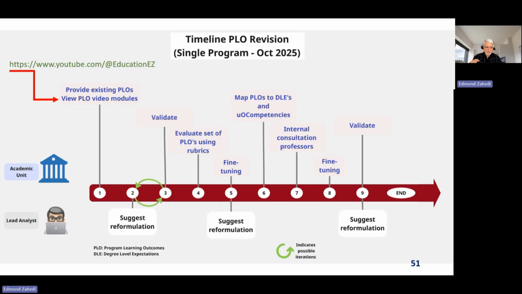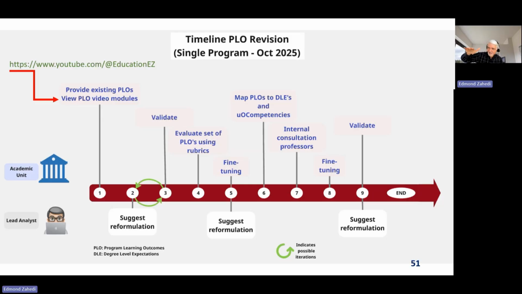And in order for you to better comprehend why I'm saying what I'm saying, these videos have a kind of coverage of all the details that you need to know. So once I suggest reformulation, you are going to have a look at it, and it's your turn to validate or to make comments. So in general, this is how it's going to work. You provide your PLOs. I provide the list based on the original PLOs that were provided by you.